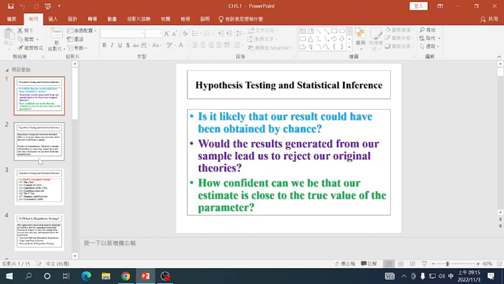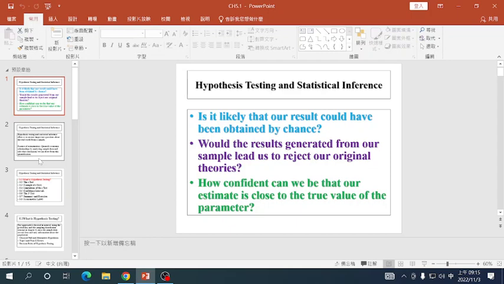Then number 4, apply the decision rule by comparing the calculated t-value with the critical t-value in order to reject or not reject the null hypothesis. So we are going to follow all these steps, okay, to explain first some special terms, the meaning of the terms, and also apply all these examples to show how to do all this hypothesis testing, right?